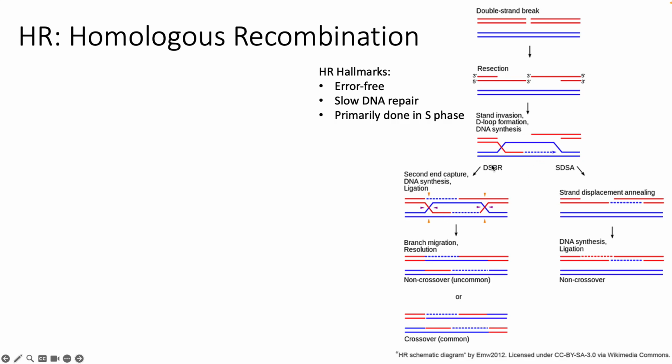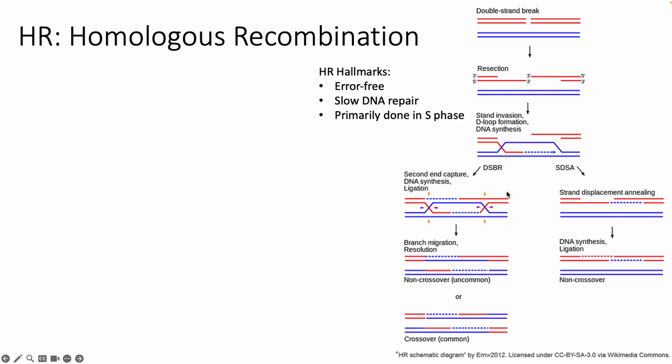There are two different ways that this occurs. It either occurs via DSBR, which is double strand break repair, or SDSA, which is synthesis-dependent strand annealing. The more common is DSBR, because this creates something right here, these X's of the strands invading the homologous chromosome.